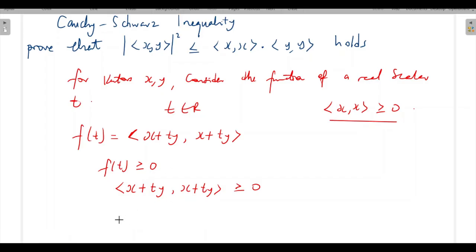Now if you are to do something like this, you combine this, you combine this, and you combine this. How do we do that?